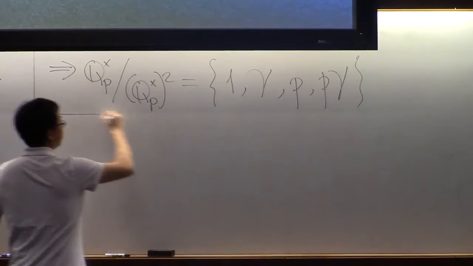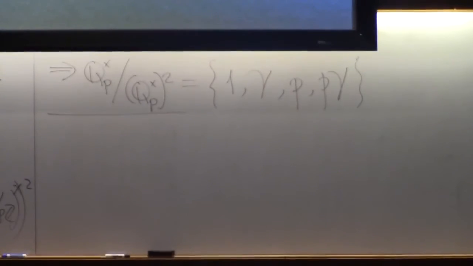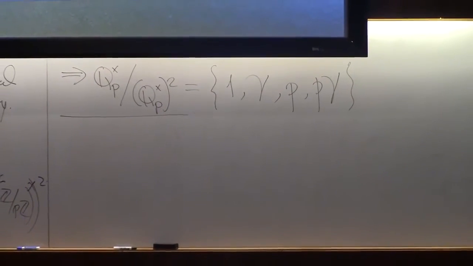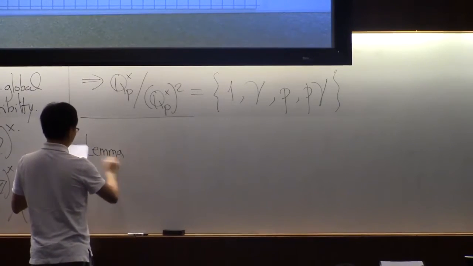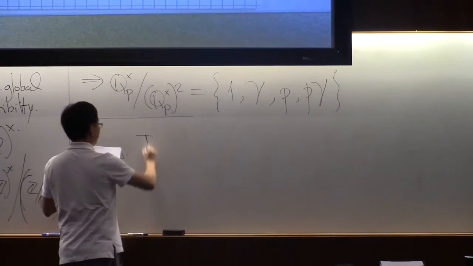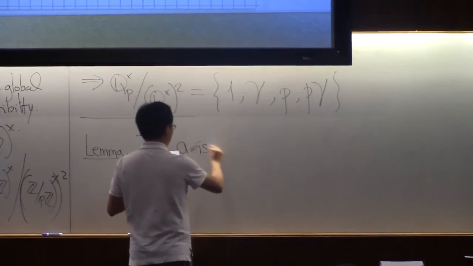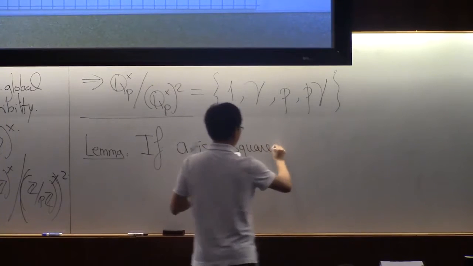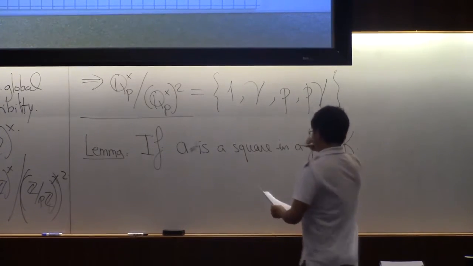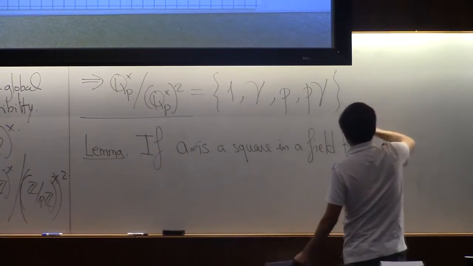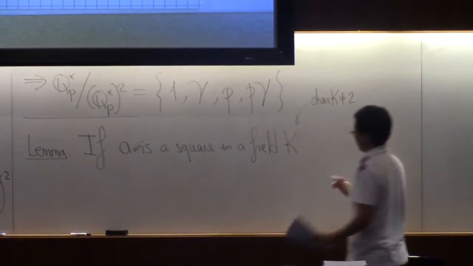Okay. So before actually classifying quaternions over Q_p, let us first do a little bit more general theory. So start with this somewhat easy lemma: if a is a square in a field K, and for today, whenever I say field, I mean the characteristic is not 2.